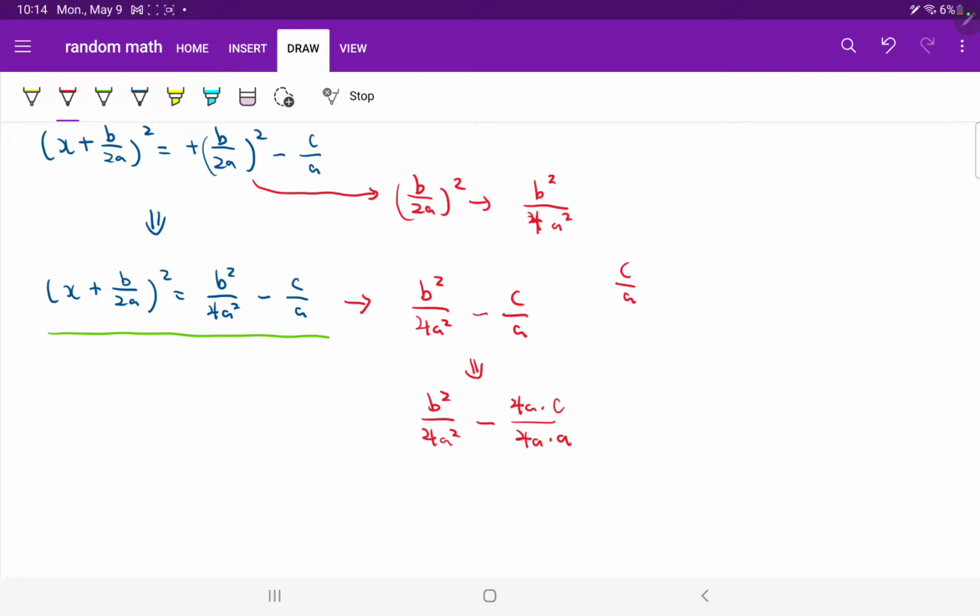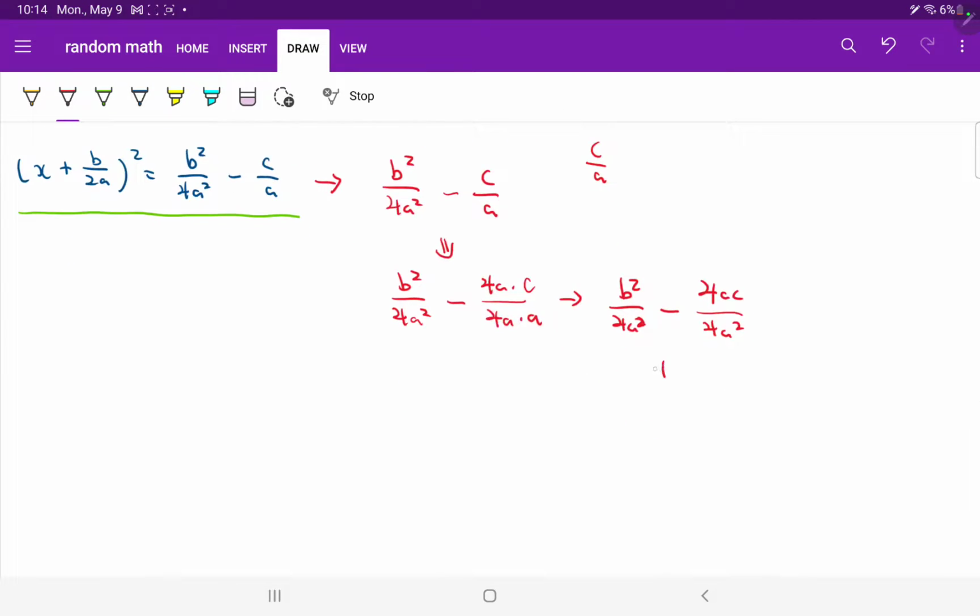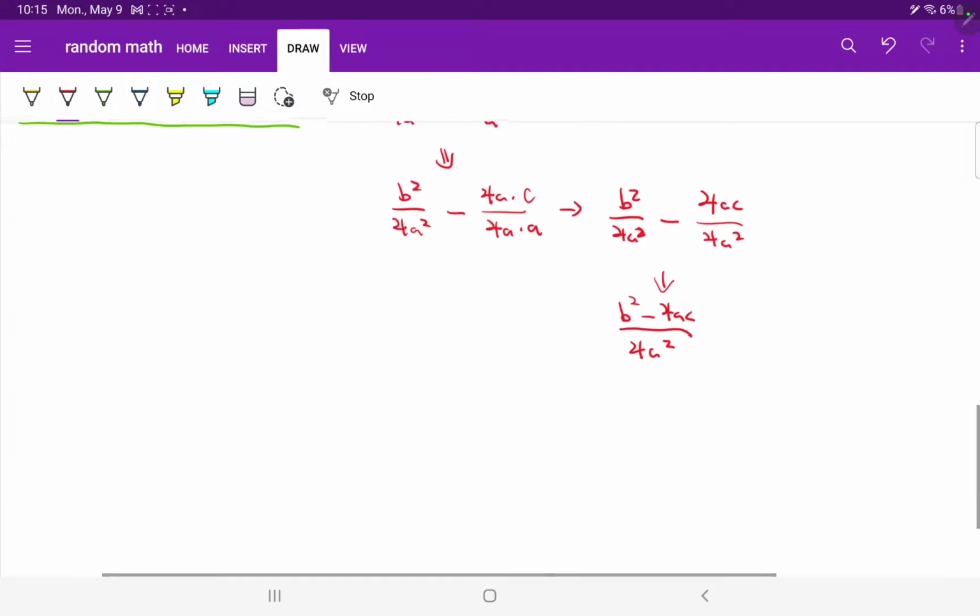So this simplifies to b squared over 4a squared minus 4ac over 4a squared, because a times a is just a squared. So now we have the same denominator. We can then make this b squared minus 4ac over 4a squared, right?